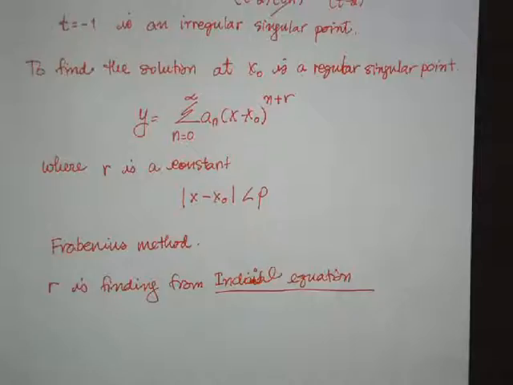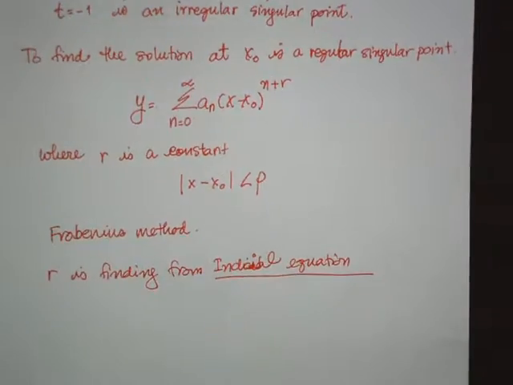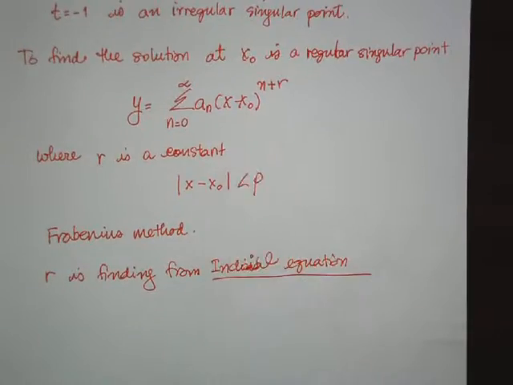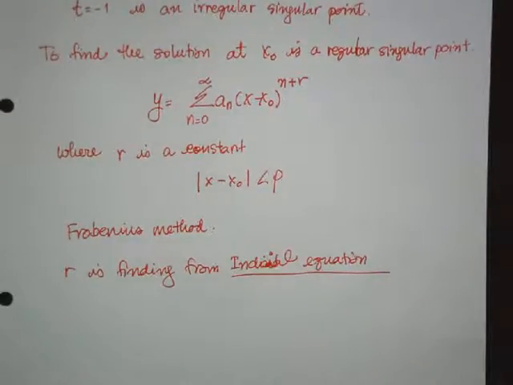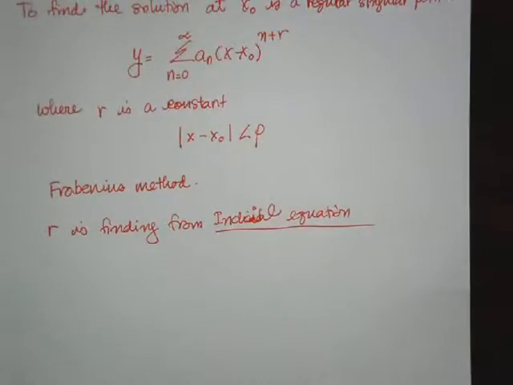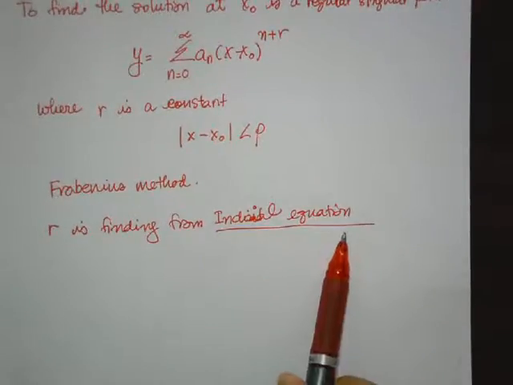One, they give you the equation, or if you cannot remember it, another way is that when you plug the y that you assumed here into the differential equation, you will get the indicial equation when you compare the coefficients. I'll show you in the example, but just write down the equation to find the indicial equation.